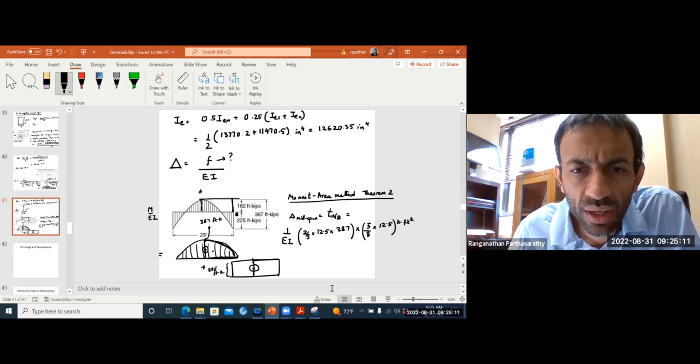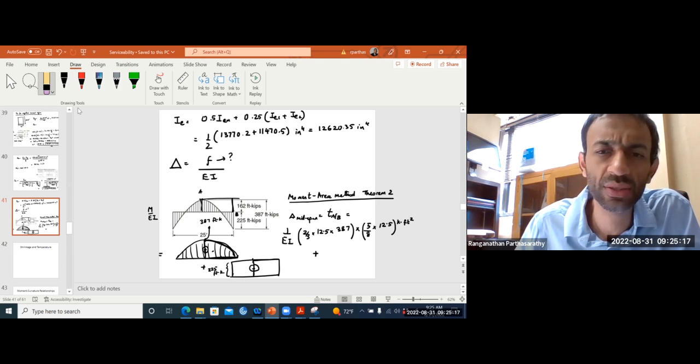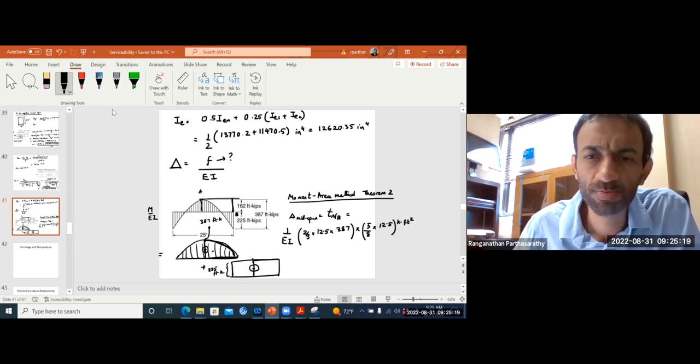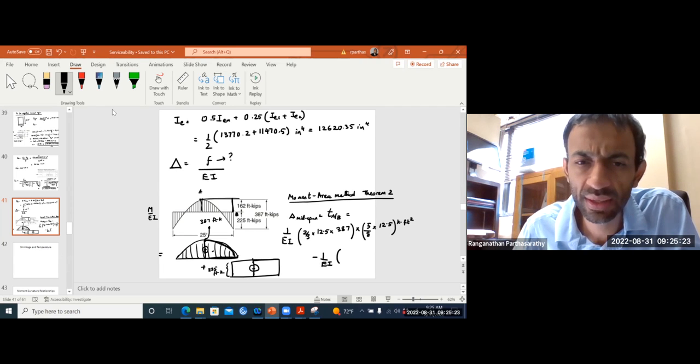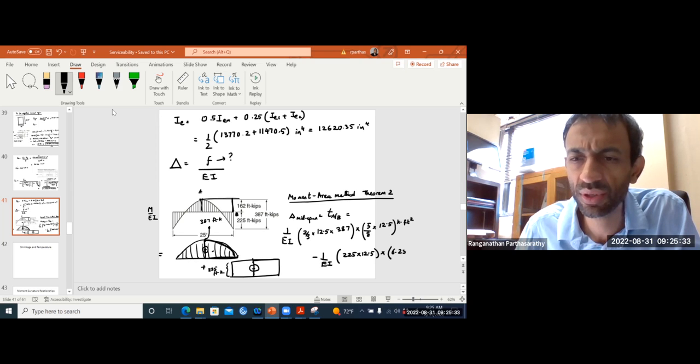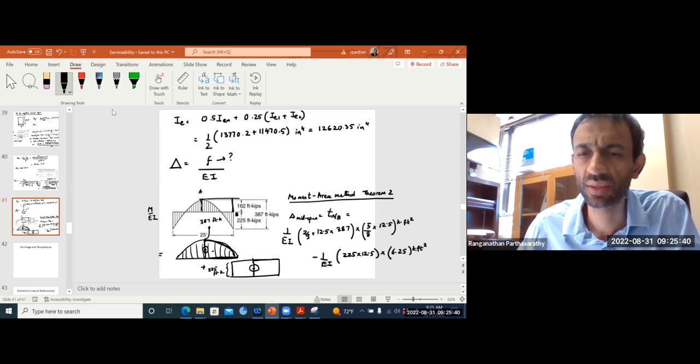Now, plus or minus 1/EI. This area is simple. 225 times 12.5. That's the area. Centroidal distance is 12.5/2. That's 6.25 foot square, cube foot square.